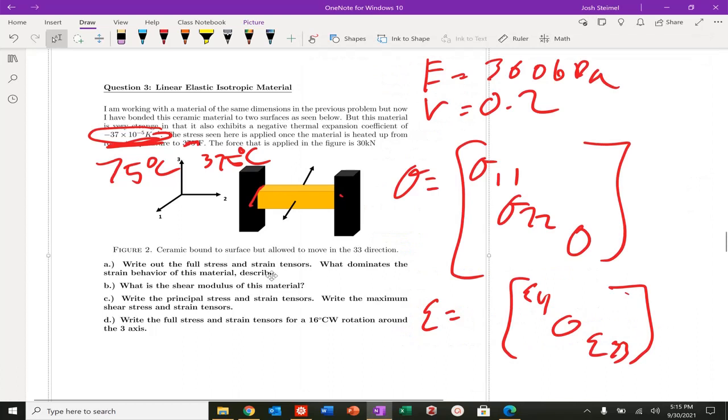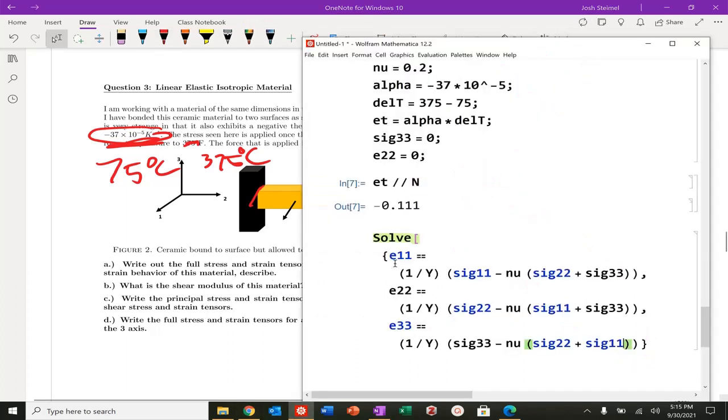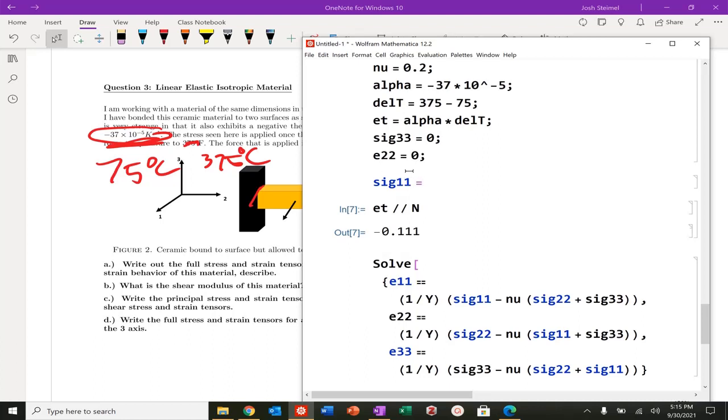So when I look at this problem now, let's plug in for sigma 11. My sigma 11 is equal to the force, 30 kilonewtons, so 30 times 10 to the 3. Make sure that's correct. Yes, that is correct.